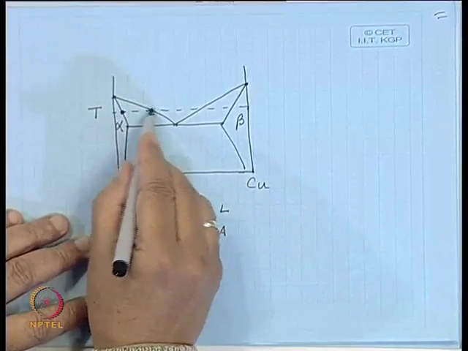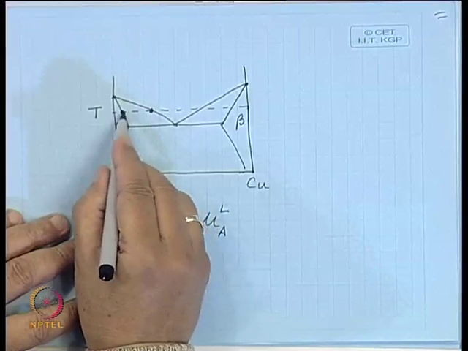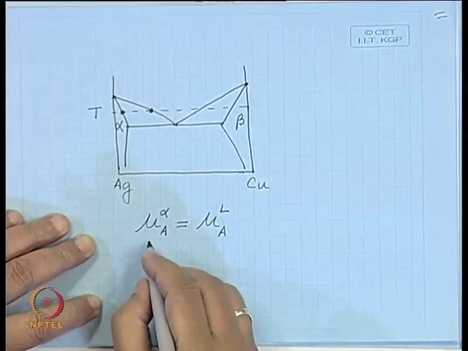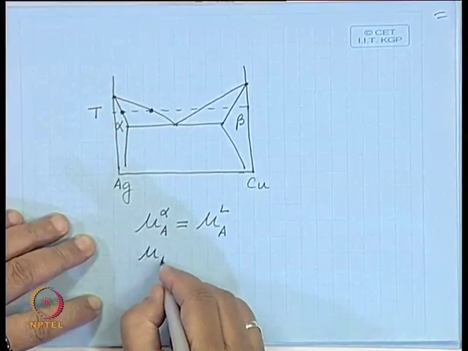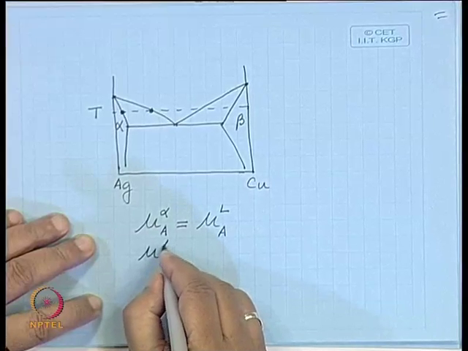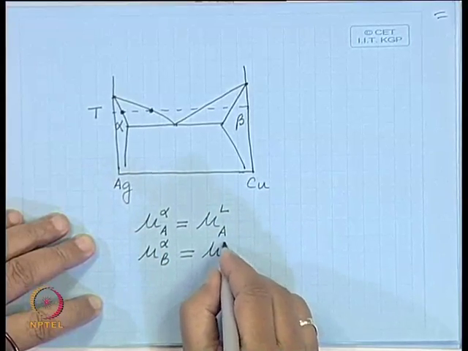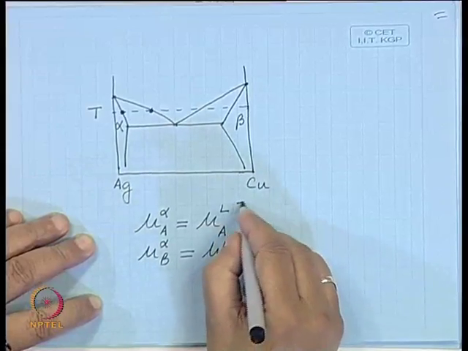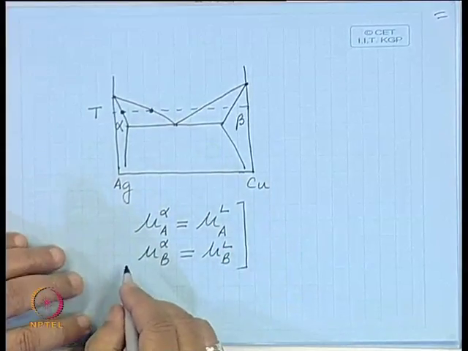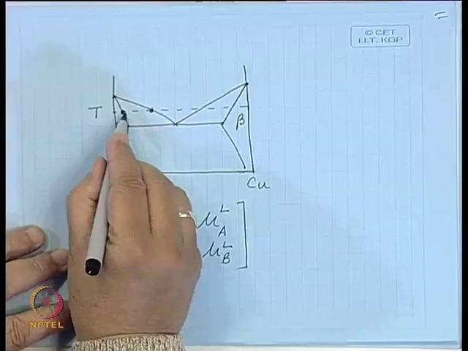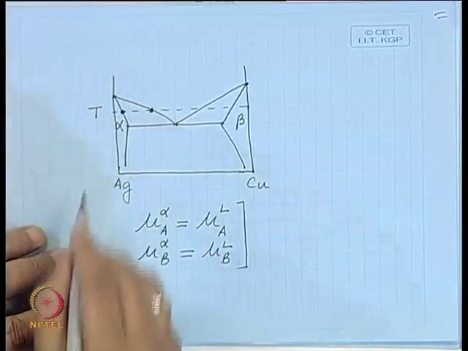Here you can have two kinds of equilibrium: B in alpha, B in liquid. So, with these equations and assuming regular solution, it is possible to calculate this and this.